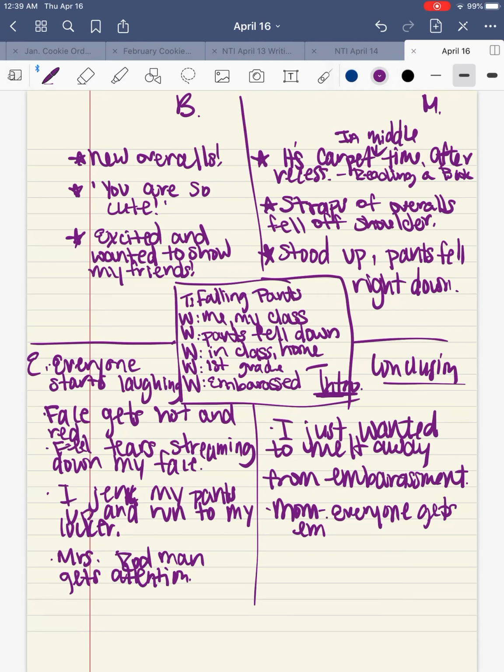No one will remember this. But you know what? I do. I still remember. Everyone gets embarrassed. They will forget. She's just trying to make me feel better. Then I can kind of make it funny, saying, I've never worn overalls since. Although they're coming back and they're pretty cute.